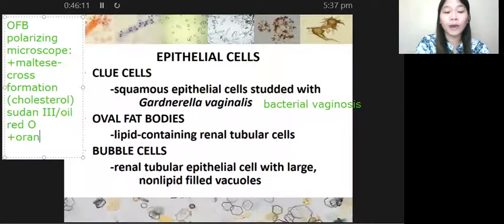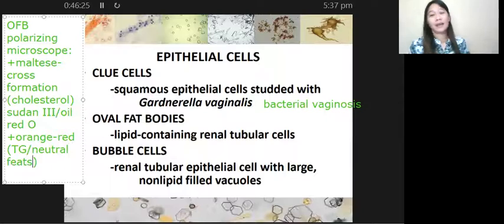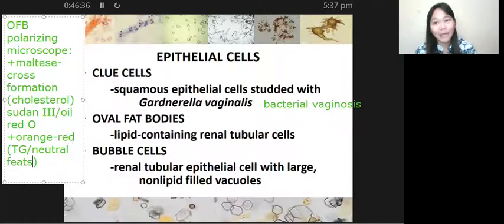We have your orange red color. And what lipid is detected by your Sudan 3 or your oil red O? We have your triglycerides or otherwise referred to as your neutral fats. Ayan. So yan ang pwede nating gamitin na techniques when it comes to your oval fat bodies.